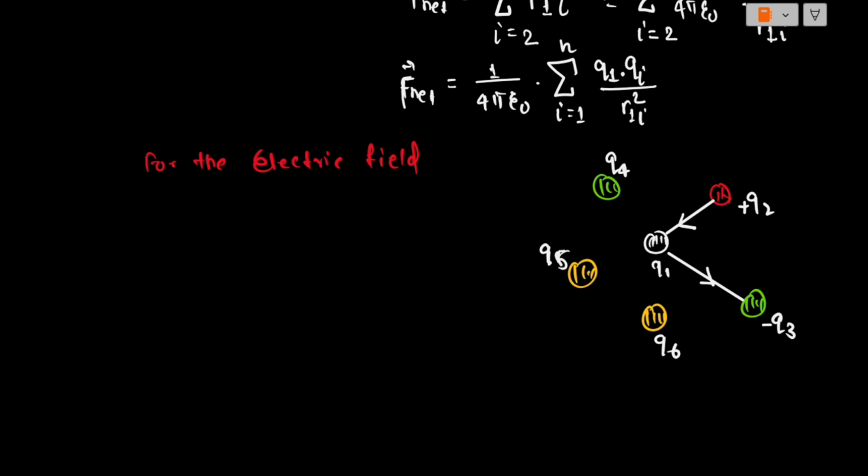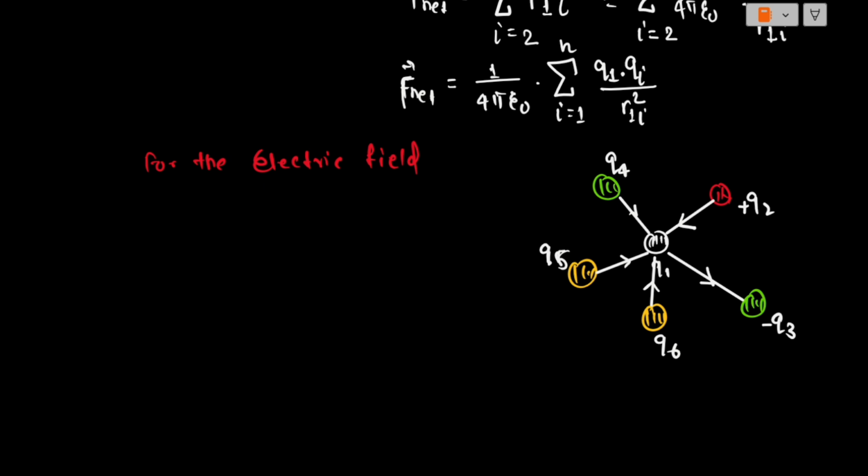So all kinds of electric field apply on the q1 charge. So this one, and this one, right? Maybe all are positive, so they all have the emerging electric field. So q4, q5 and q6, well, it depends on the nature of the charges.